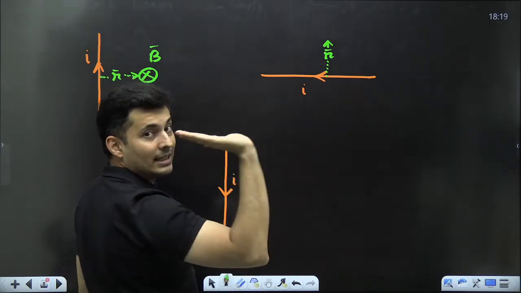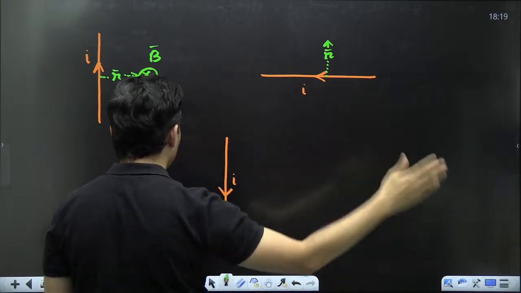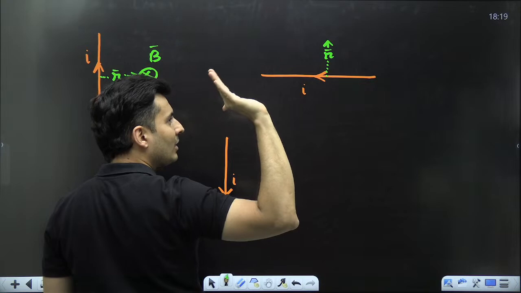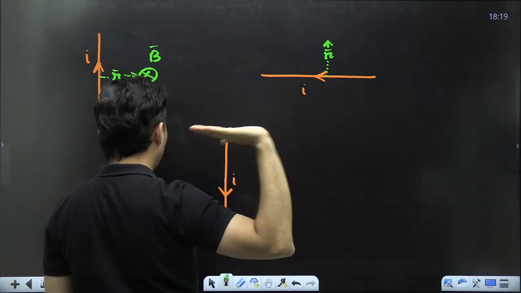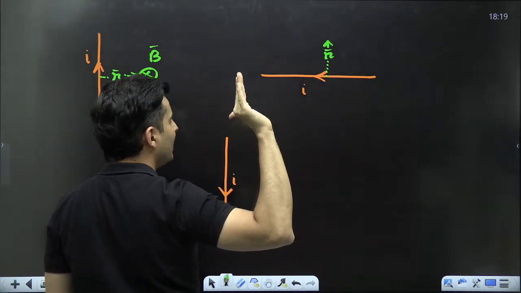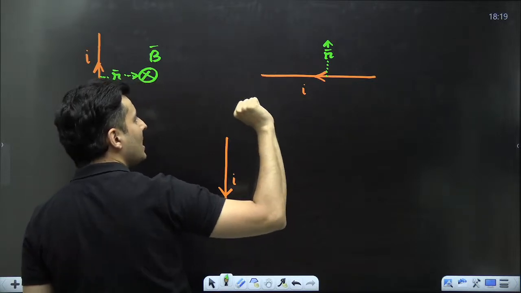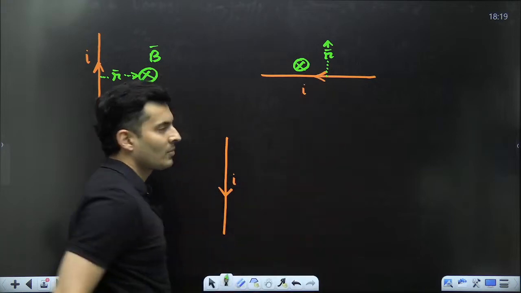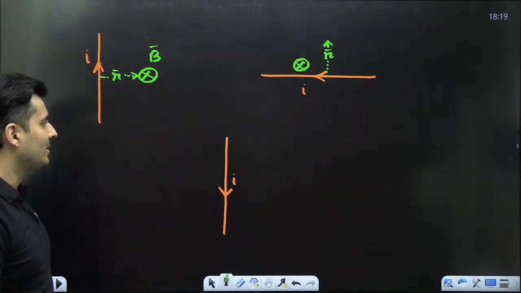So you will have to stand like this. You have to take your hand behind your head like this and do dl cross r. dl is this way, pointing towards your head, and then it is going on the top. You can see that the magnetic field is going inside in this particular case.